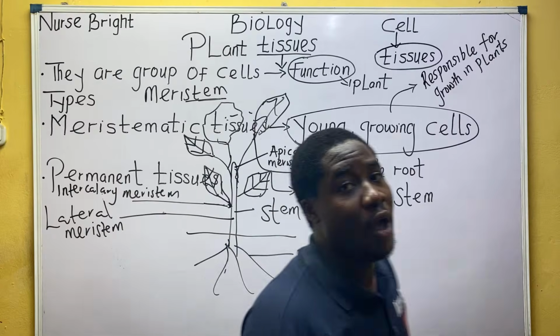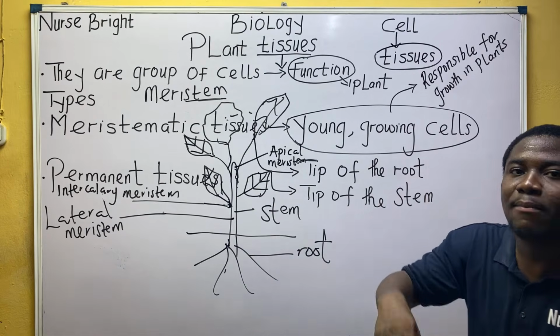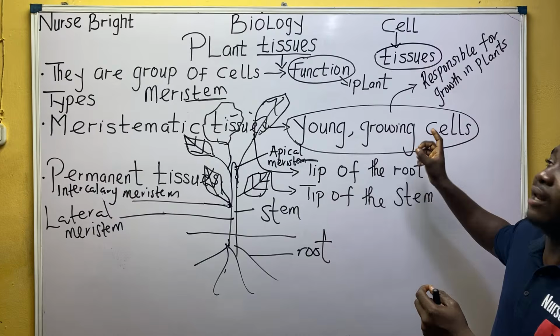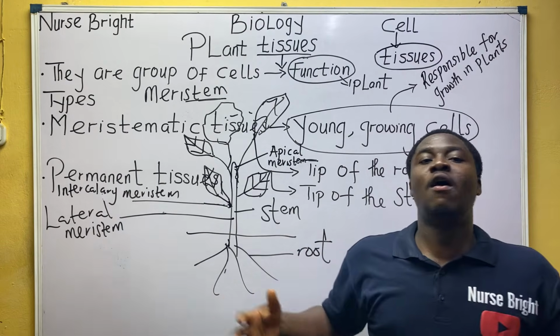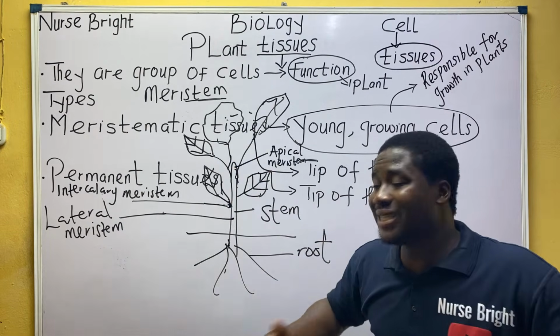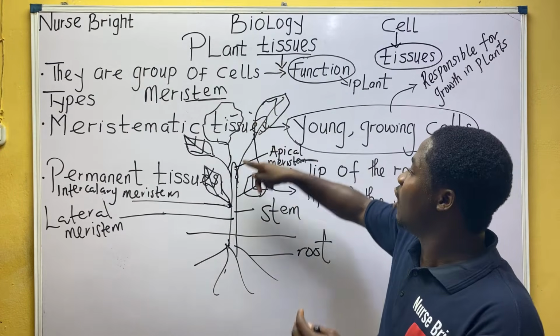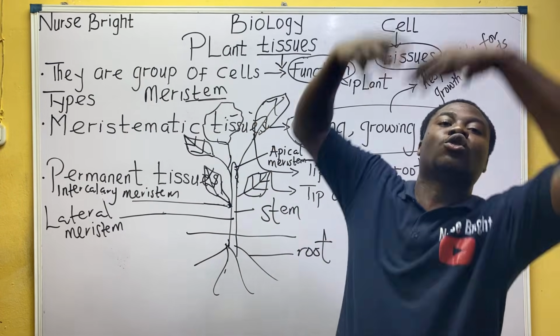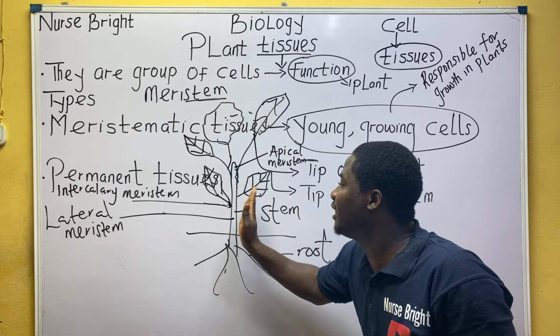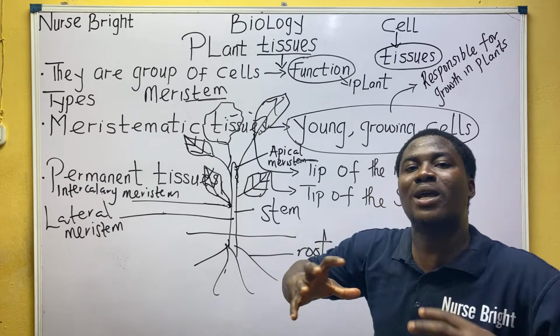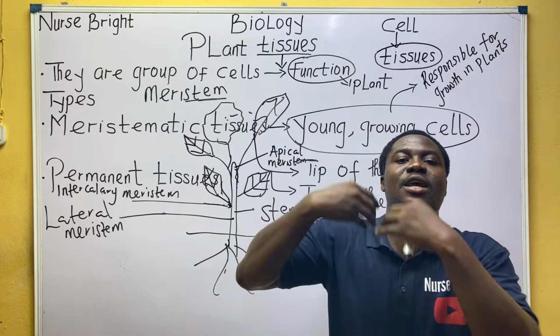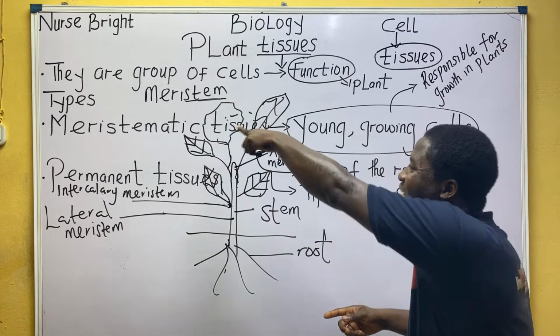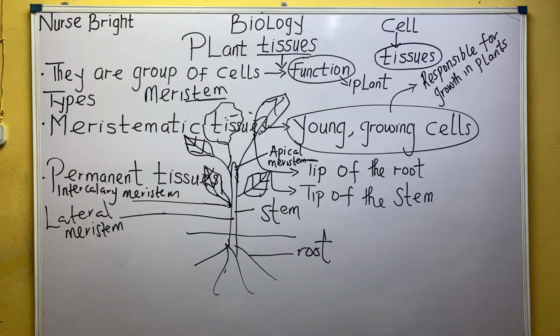Pay attention. Remember, for you to be a meristem, you will be a young growing cell, and your function is growth. That is why the plant, the stem now, always grows. This is the apical part. It always grows taller. Even the body of the stem always grows thicker. All these are as a result of the meristematic tissues that are found in these plants.